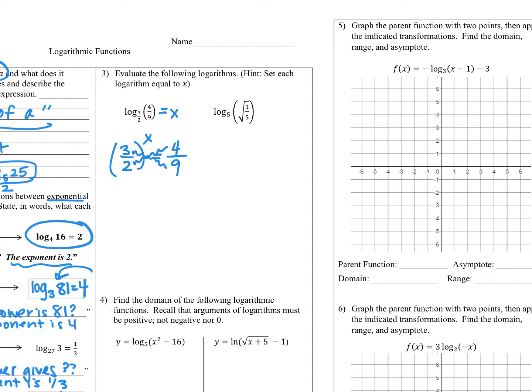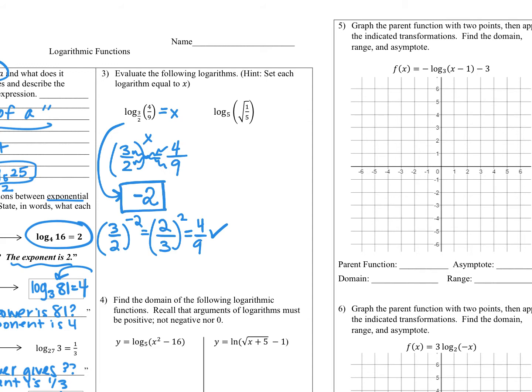So remember the thing that flip-flops is a negative power, and because 3 times 3 makes 9, and 2 times 2 makes 4, that's to the second power. So negative 2 will be the answer to this, because if we take 3 over 2 to the negative 2 power, we'll flip it because it's like 1 over that, and then square it. 2/3 times 2/3 is 4/9.